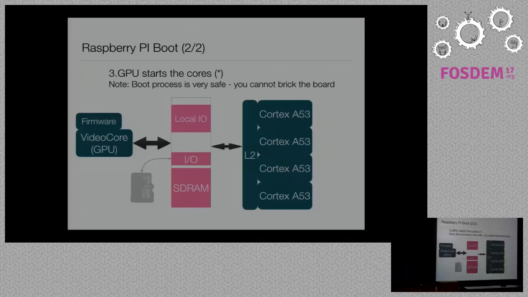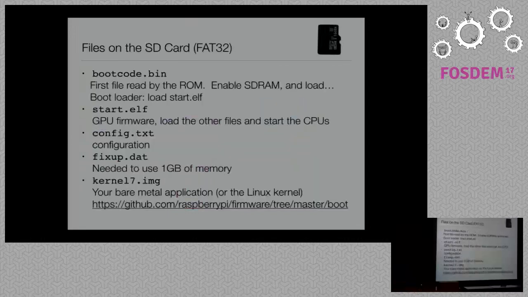There are a couple of files that need to be present on the SD card. Some files are used by the GPU to boot, a configuration file, which is interesting, and your image that will be loaded in the RAM and executed by the ARM CPUs.